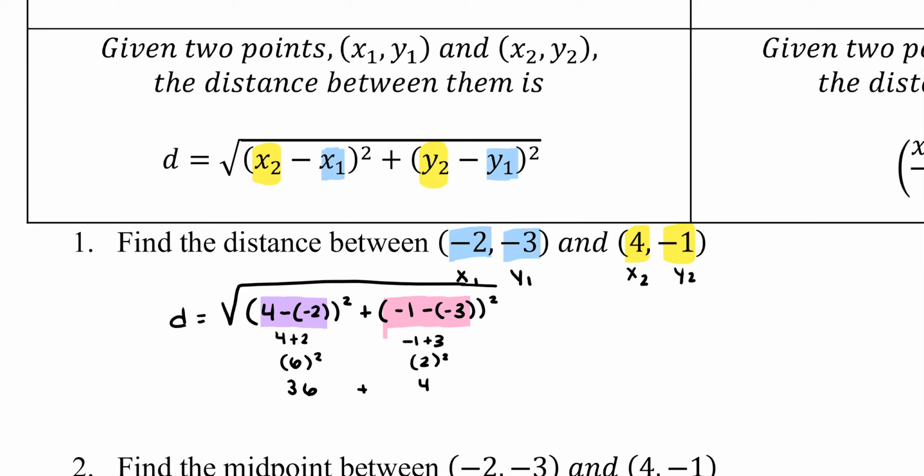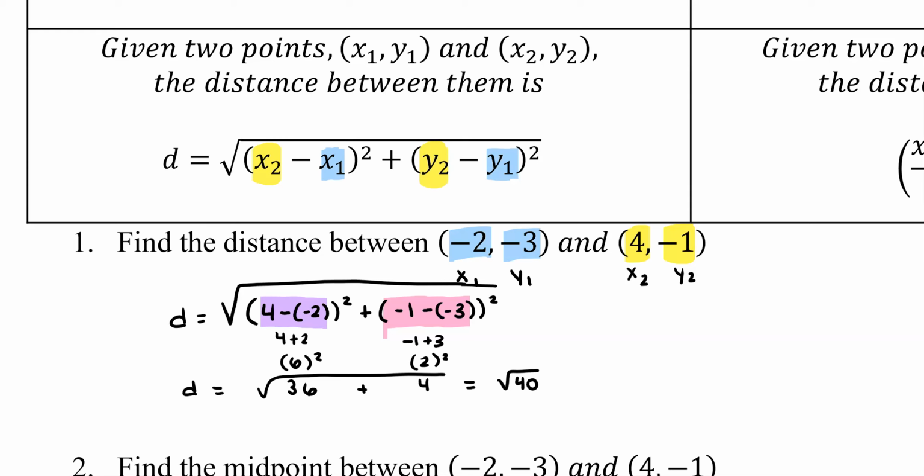So the distance between these 2 points is the square root of 36 plus 4. Now you can't take the square root of 36 and the square root of 4 and add them. You have to add them first because adding is under the radical. So this makes the square root of 40. Okay, that's the distance between them.